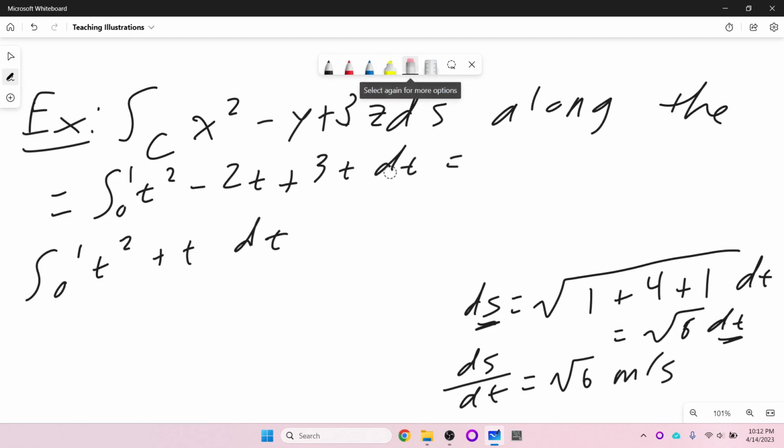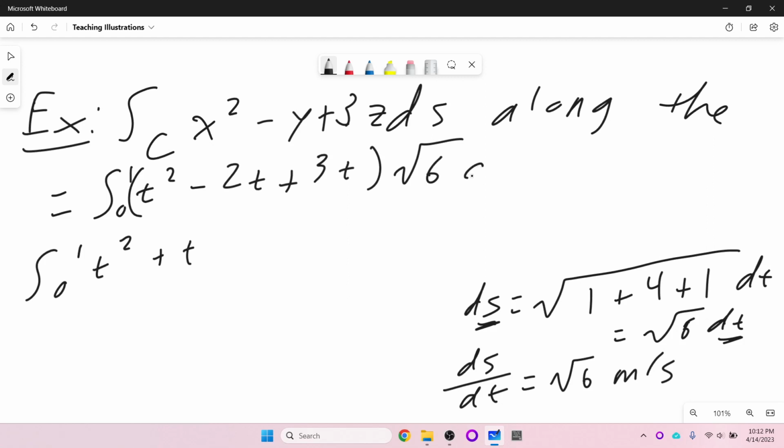Whoa, shoot. I forgot about the square root of 6. Can't forget that. Square root of 6 dt. ds is square root of 6 dt. So we need to replace it because the variables have to match.